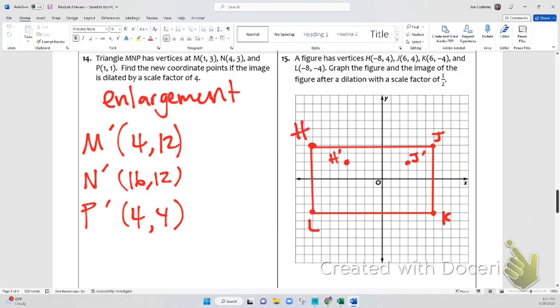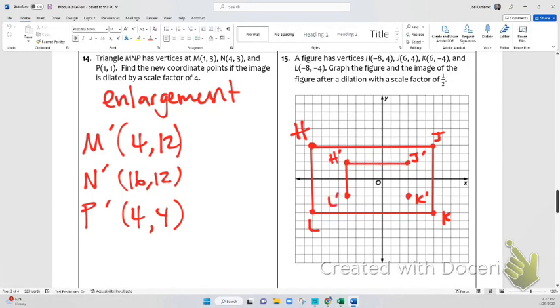Oh, I see what I did. Half of 6 is 3, and then -2, which would put it over here. And then this would be the K prime. And then lastly, half of -8 is a -4. Half of -4 is a -2. So that would put it here. And this would be my L prime.